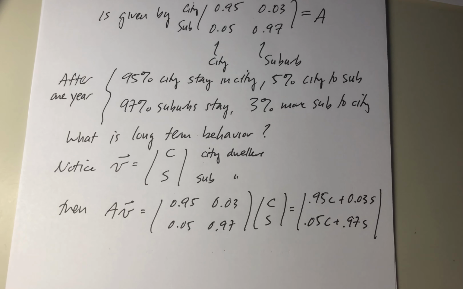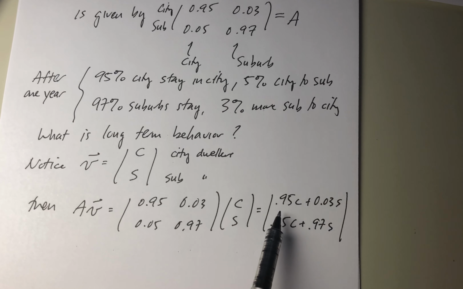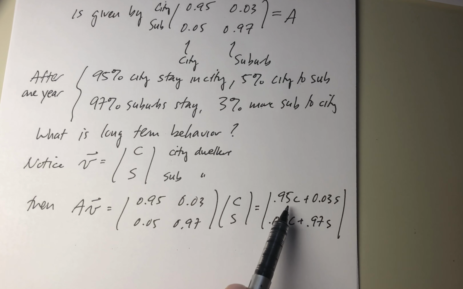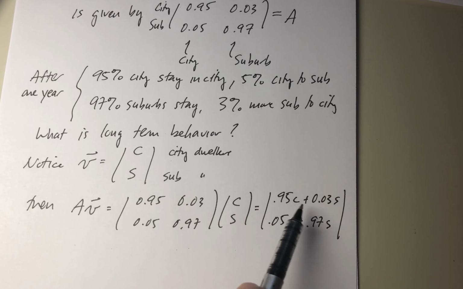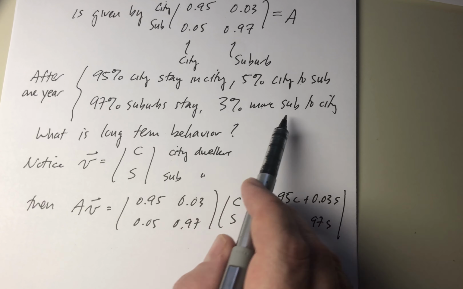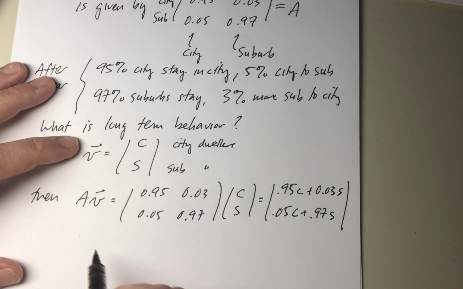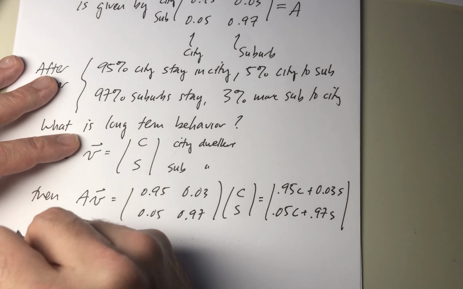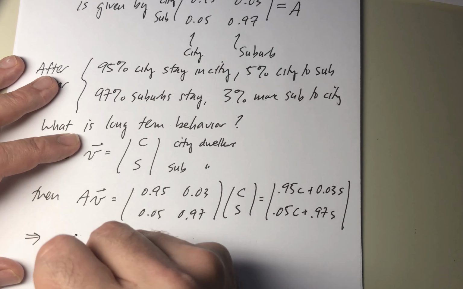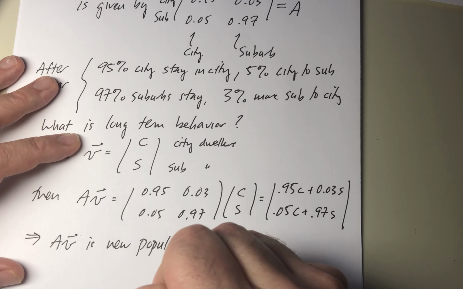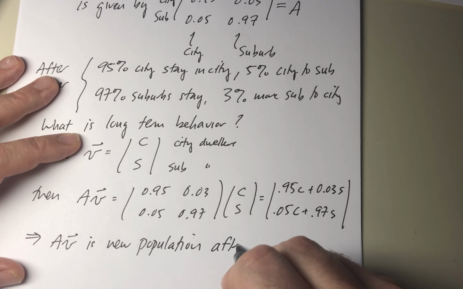So notice what you've got here is exactly what's happening after 1 year, because among the city dwellers that were originally there, 95% of them stay, and then we pick up the 3% of the suburb dwellers that moved to the city. Same deal for the second entry. So what I'm seeing here is that Av is the new population distribution after 1 year.